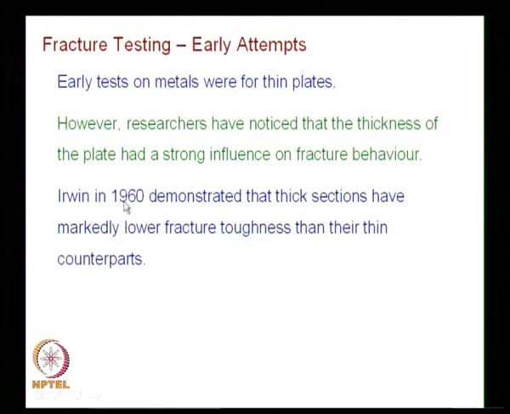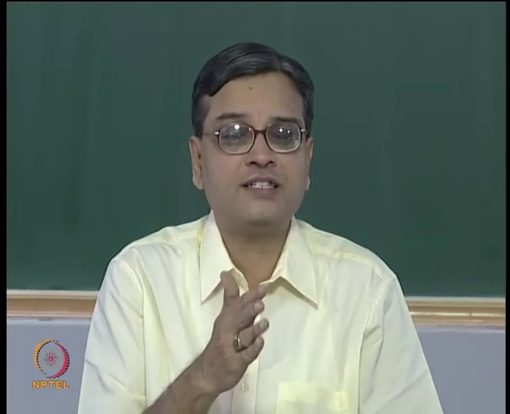In 1960, Irwin demonstrated that thick sections have markedly lower fracture toughness than their thin counterparts. Now, this is a standard knowledge for anyone who does a course in fracture mechanics. He knows fracture toughness is a function of the thickness of the specimen.